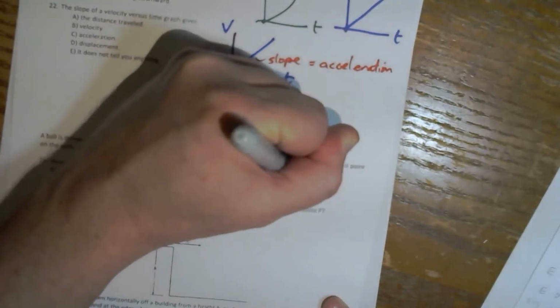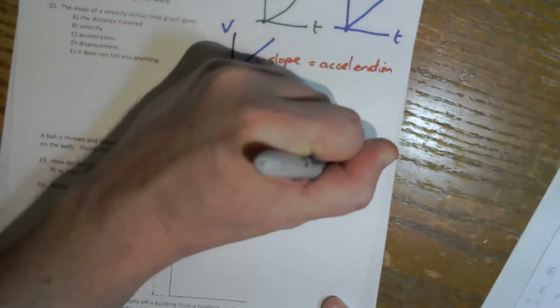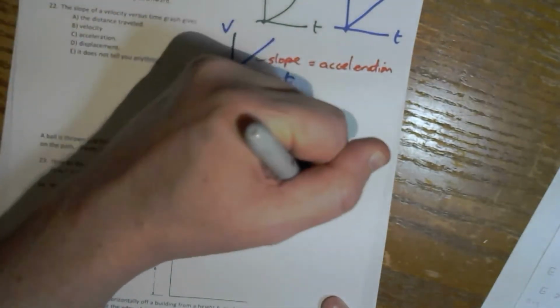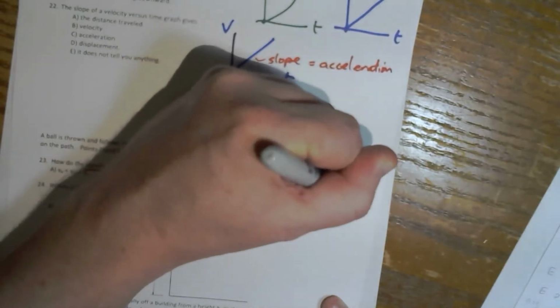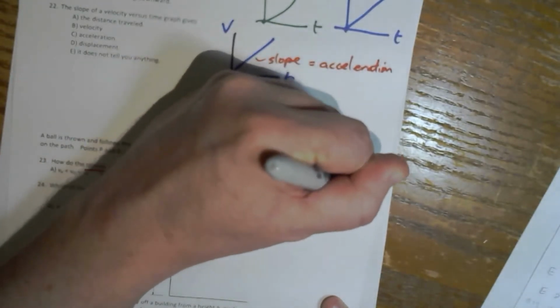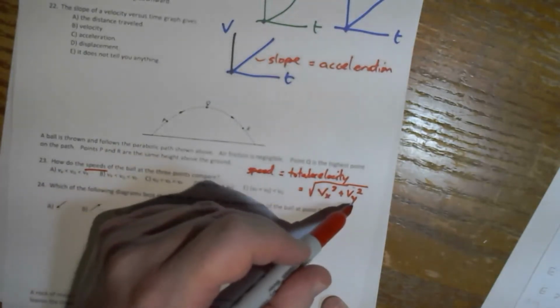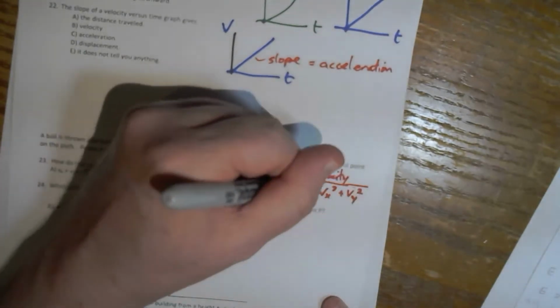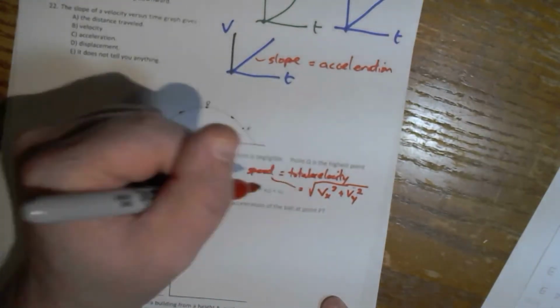I would say that it's the total velocity. And how would you calculate that? Well, you'd take the two components of velocity and Pythagorean theorem it. Take the horizontal component squared plus the vertical component squared, and take the square root of that, and that would give you the speed.